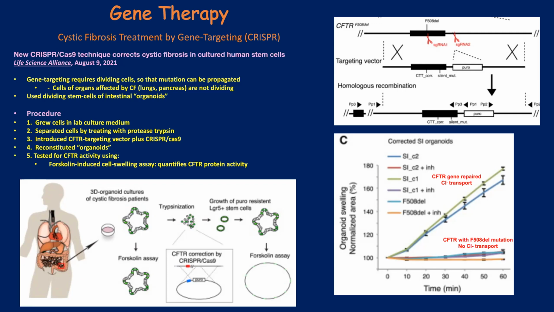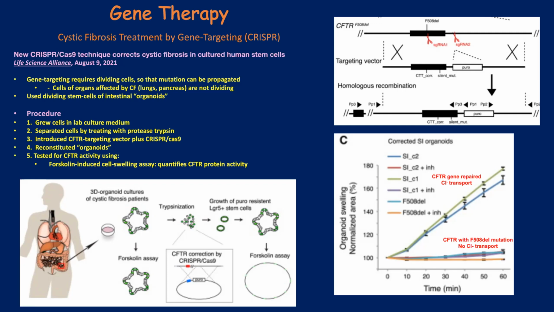I should say that gene targeting requires dividing cells. Cells in organs that are affected by cystic fibrosis, like the lungs and the pancreas, are not dividing very fast.